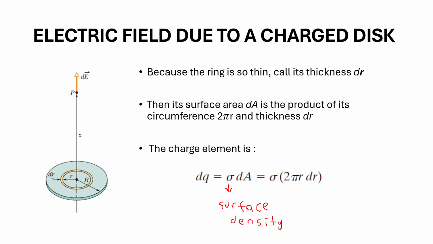So circumference is 2 pi r and thickness is dr. It's like on this surface you have this circumference, 2 pi r, with the change of thickness being dr.